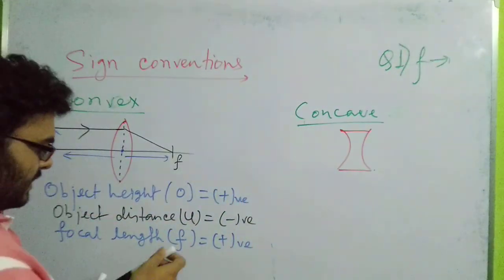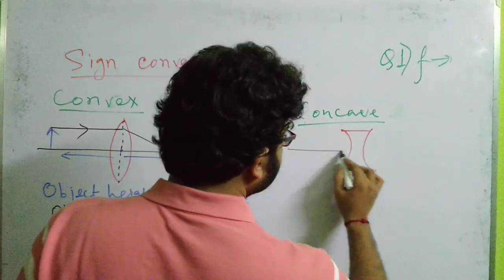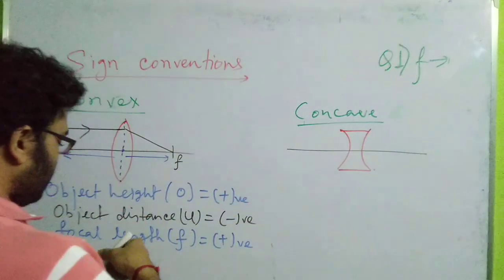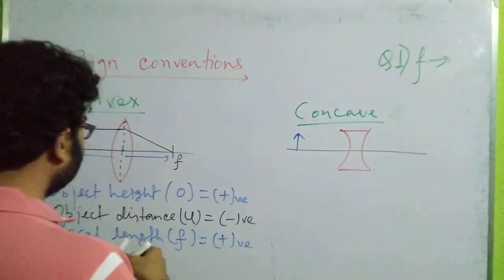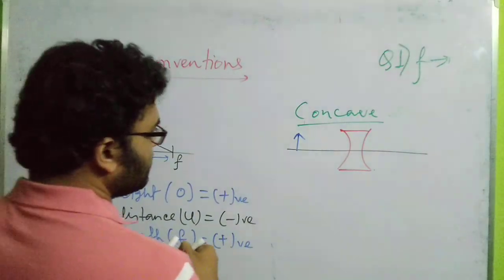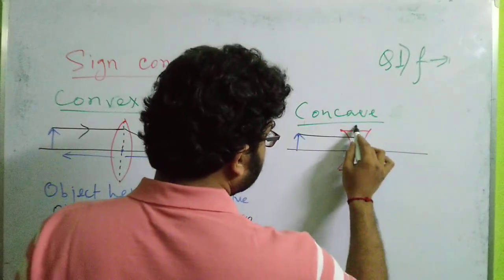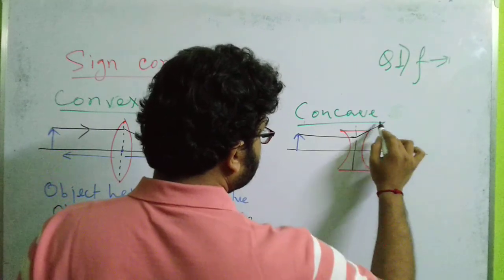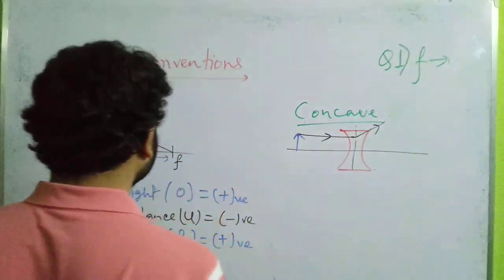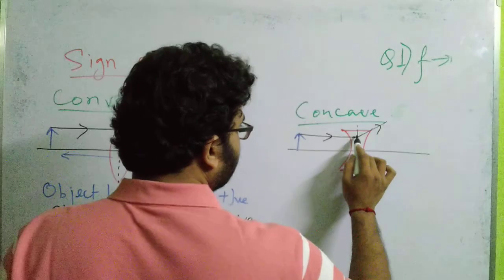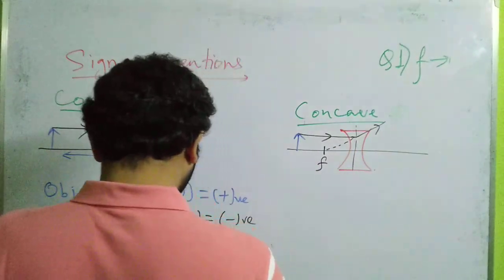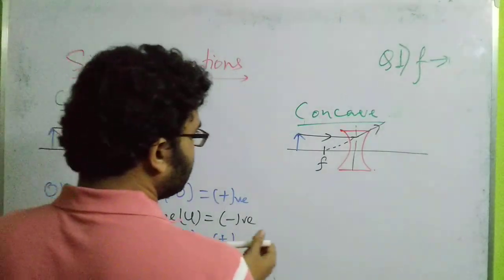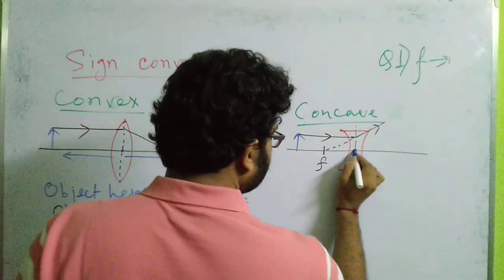This is the principal axis. This is the object. Now the light ray goes in this direction like this. Then it gets refracted like this. It gets deviated. So its focus lies somewhere at this point. Now this is the optical center of the lens.